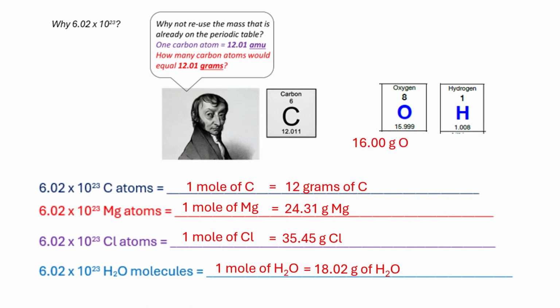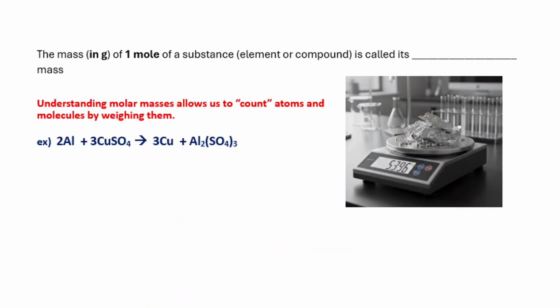So if you take the mass of a mole of oxygen atoms, and then add to that hydrogen, which is 1.01 grams per mole, but the problem is it's H2O, so of course we have to multiply the mass of hydrogen by 2, and that is where we get that 18.02 number from. It's just 16 plus 2 times 1.01, or 2.02. So that's where the number 18.02 came from.